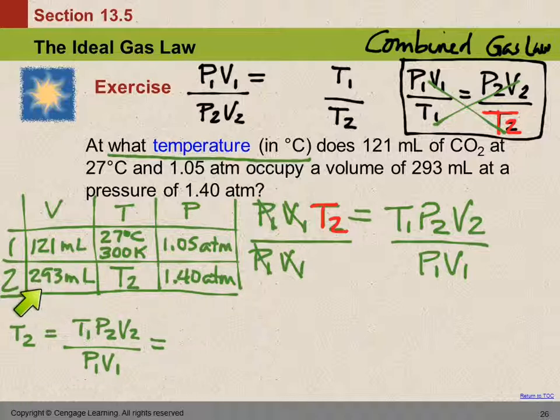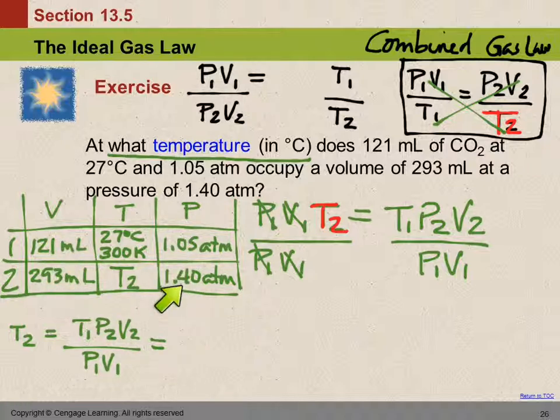What about these other units? The one thing we want to look for is that our volume 1 and volume 2 have the same units. Here they're both milliliters. We don't have to convert them to liters. You can if you like to do that, but you don't have to. In our equation, the volumes divide, and so these milliliter units are going to cancel each other out.